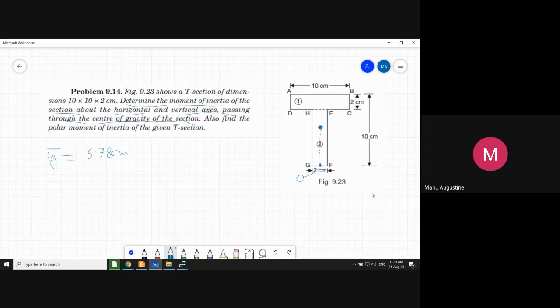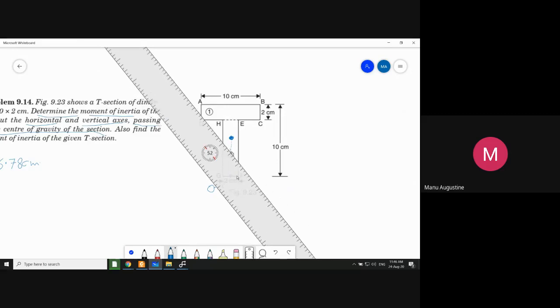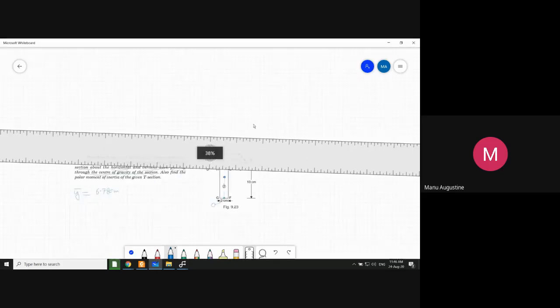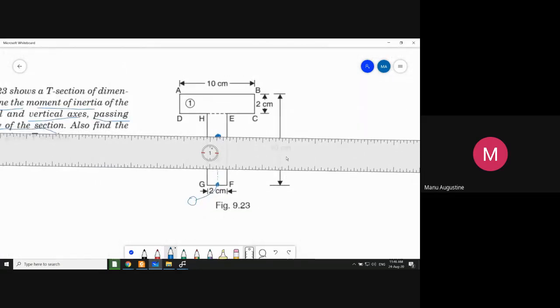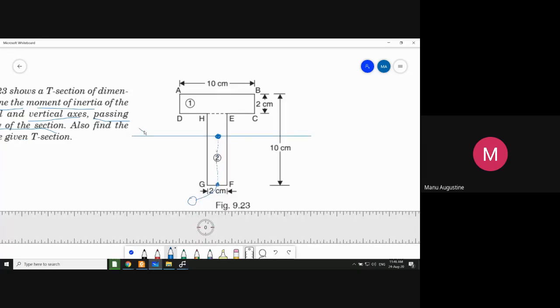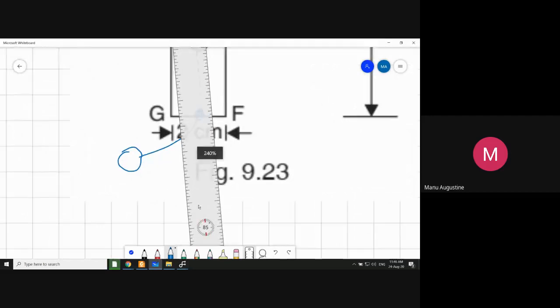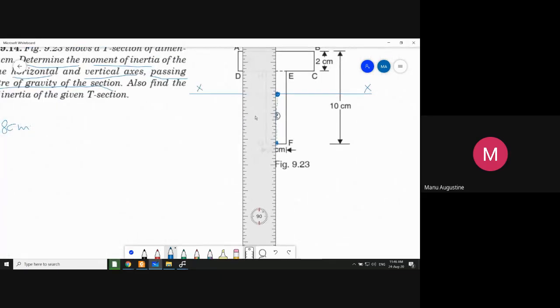And now once the centroid is known to you, now you draw an xx line like this. This is your xx and this is your yy.